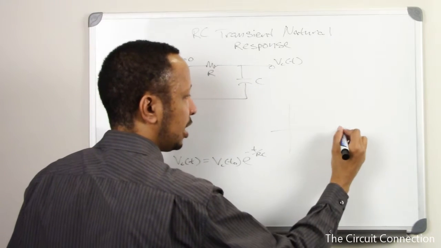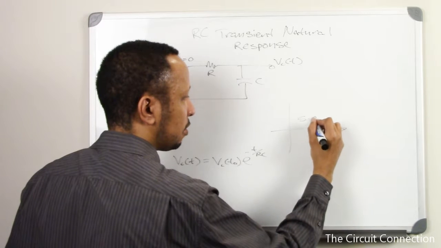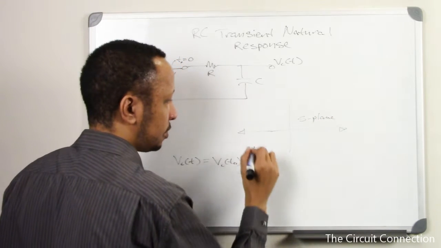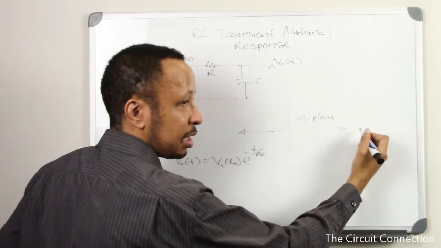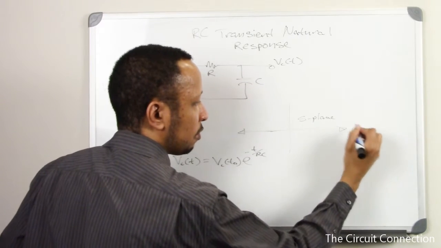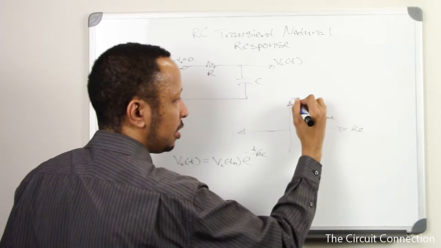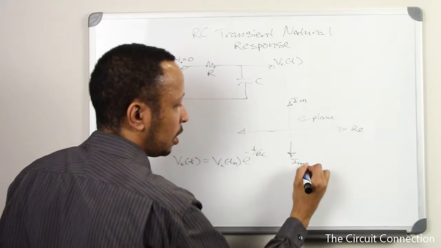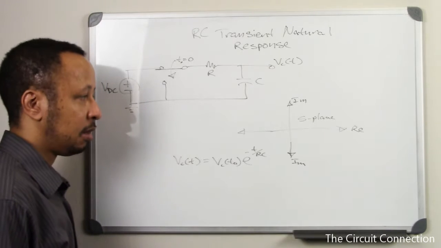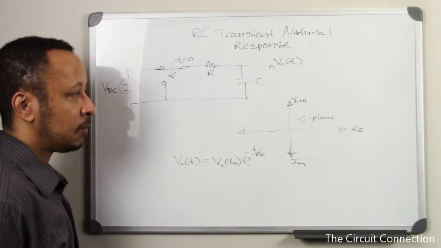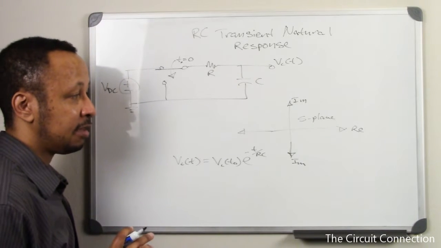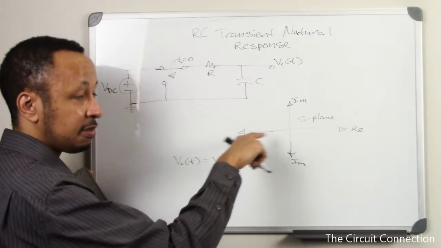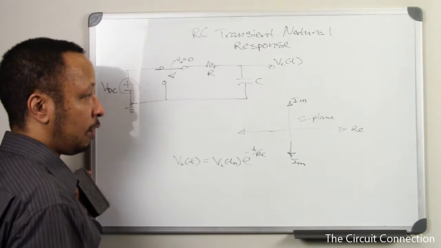We have what we call the S-plane. In that S-plane, we have the real axis and then the imaginary axis. We're only in first order circuits here, so anything of a first order nature generally restricts itself to the real axis.